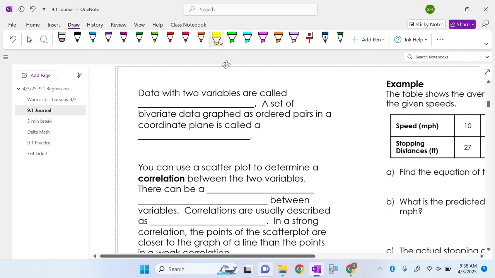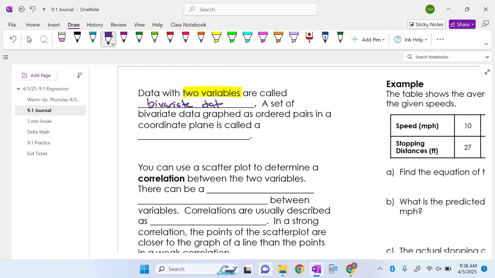Data with two variables is called bivariate data. It's kind of the name: bi meaning two, variate meaning variables. Now, a set of bivariate data graphed as ordered pairs is a scatter plot. That's the more formal definition of scatter plot.